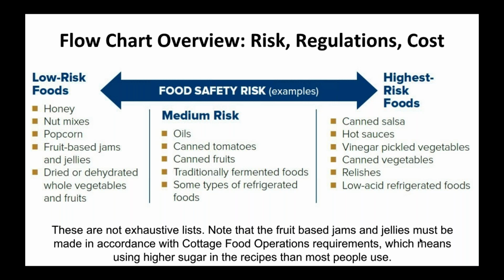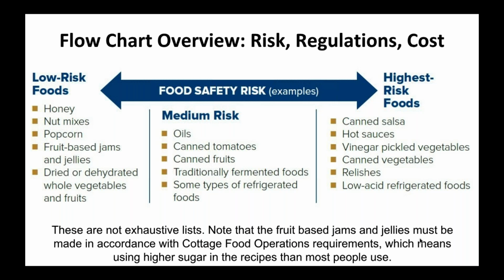But as you can imagine, if we deviate from that level of vinegar or lemon juice that we're adding to that recipe, we might not get an adequate level of acid in that product to protect against Clostridium botulinum. So therefore, the federal government and our state government has much more regulatory oversight over the production of those types of products.